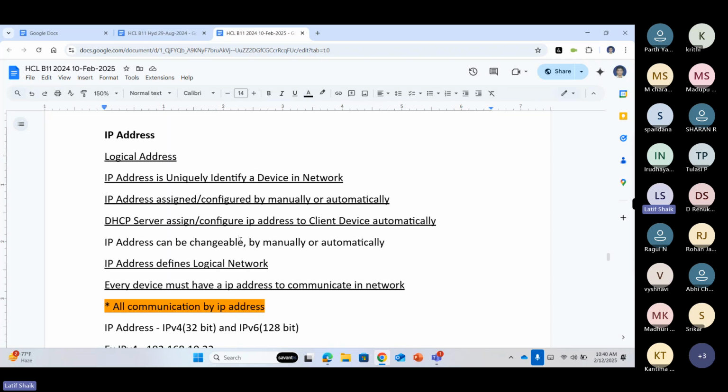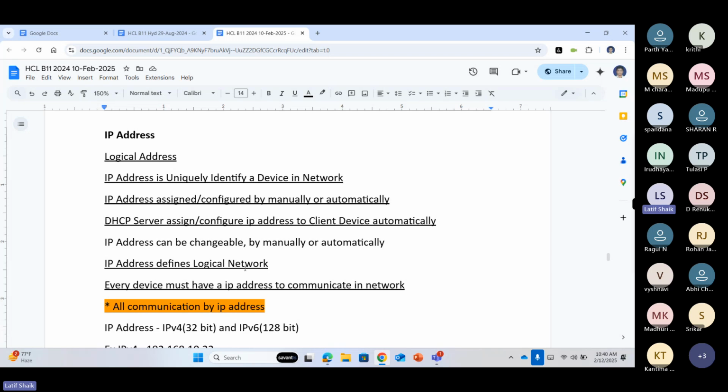That Wi-Fi router acts like a DHCP server. Or dedicated DHCP servers also exist, like a Windows Server based DHCP server or a Linux DHCP server. Your mobile phone hotspot also acts like a DHCP server whenever it is connecting any devices.